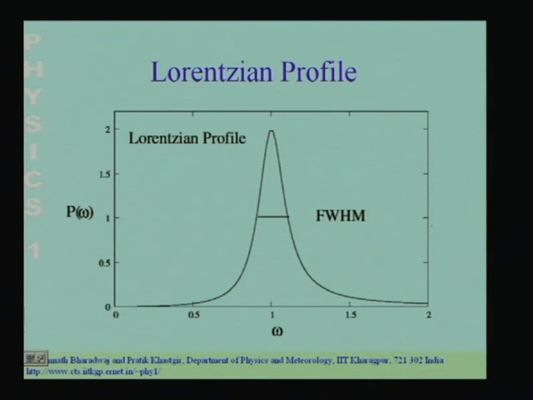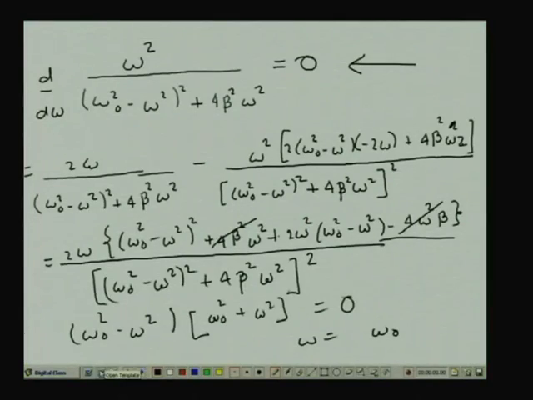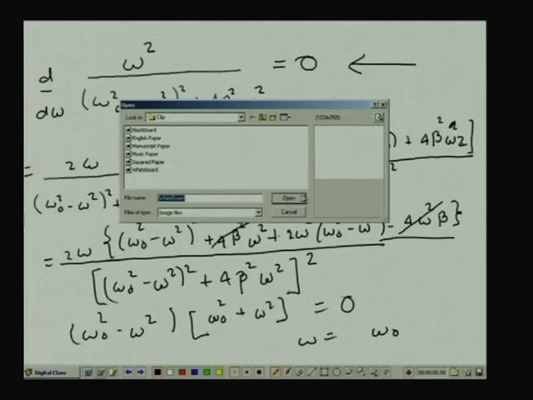We found that the average energy has a peak at omega equal to the square root of omega naught square minus 2 beta square, and the average energy falls off if you have a driving force which differs from this value of omega.